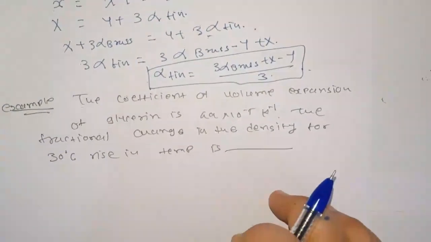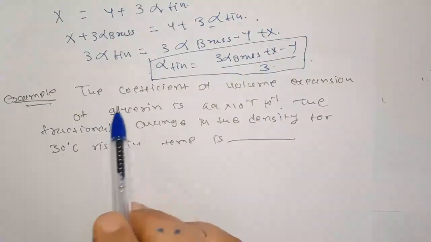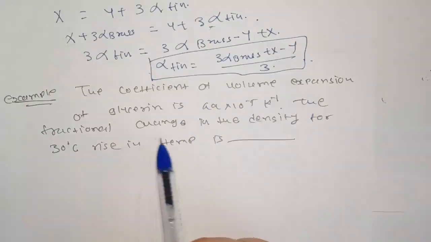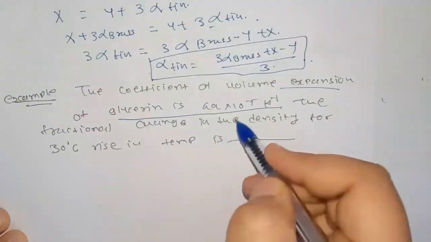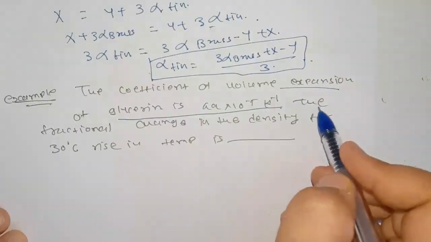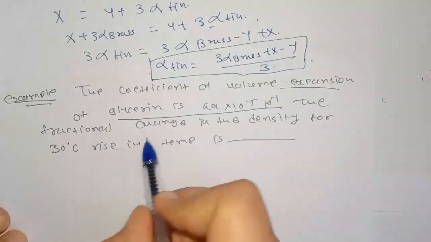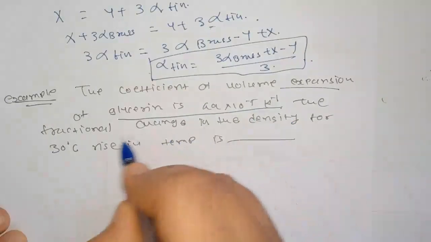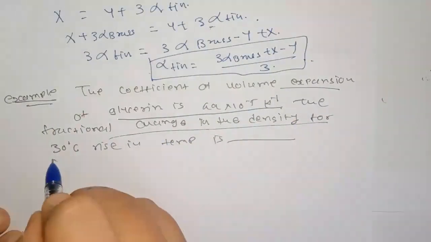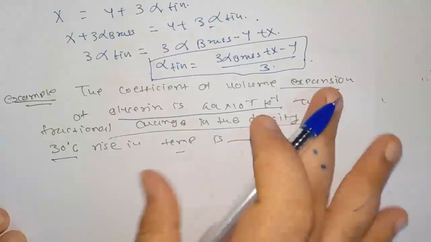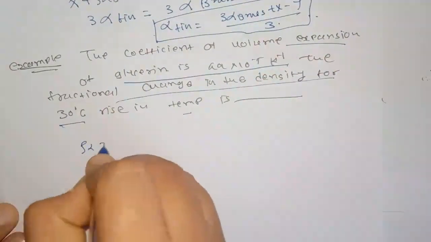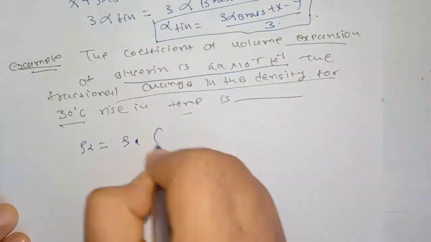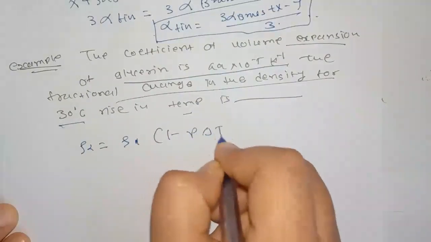In the next example, the coefficient of volume expansion of glycerine is 49 into 10 power minus 5 Kelvin inverse. We want to find the fractional change in density for a 30-degree rise in the temperature. The new density ρ2 is given by ρ1 into (1 minus gamma delta T).